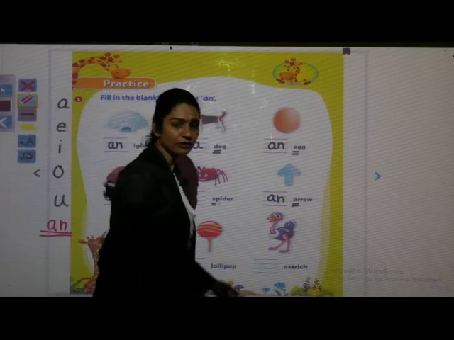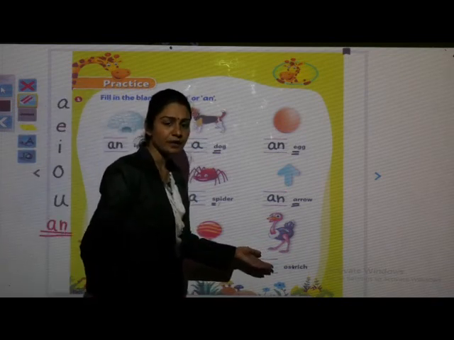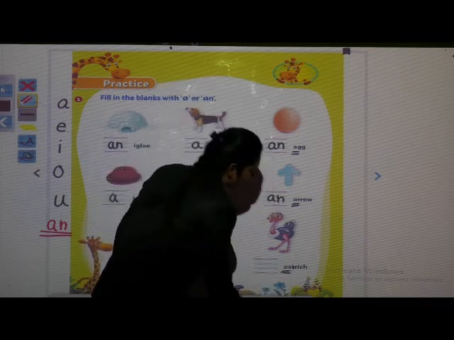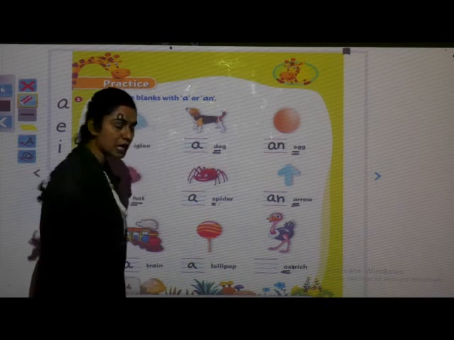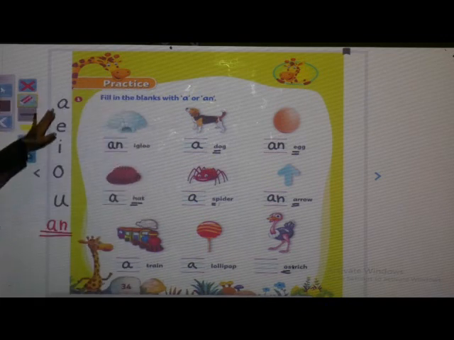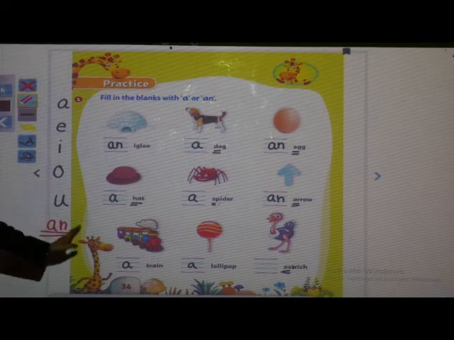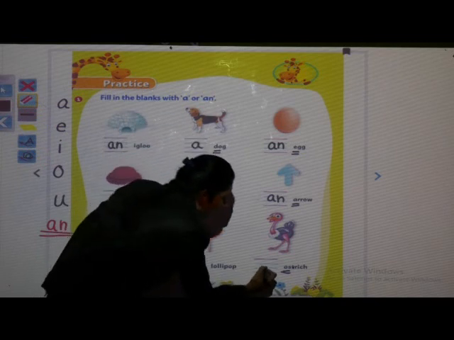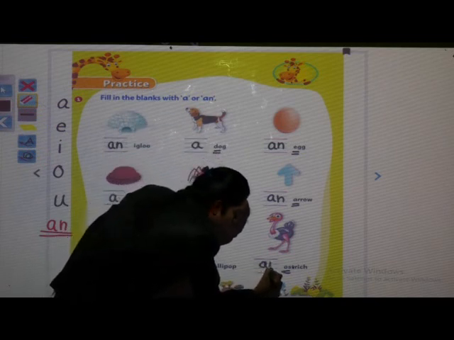Now next picture. Which picture is this, children? Ostrich. So, O is a vowel sound or consonant sound? Look here. A, E, I, O. So, what should we use before vowel sound? Yes, an. Say A-N, an.